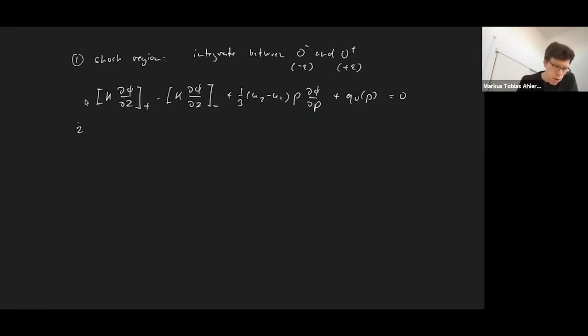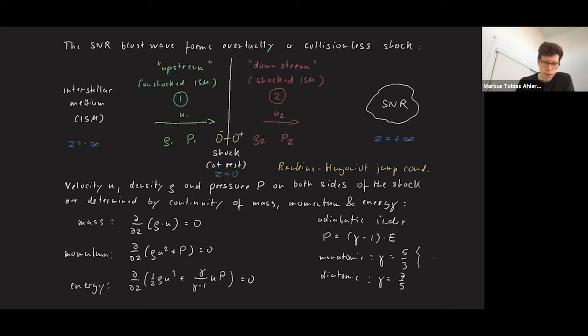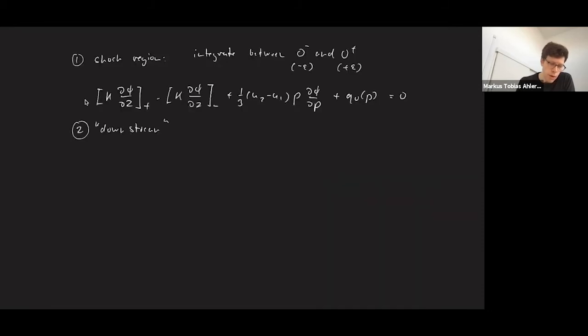We can now also look at the solution in the downstream region. So the downstream region was this region here in the direction of the supernova remnant. In this direction, we will assume that due to the repeated scattering of cosmic rays in the plasma, the spatial distribution will be flat.